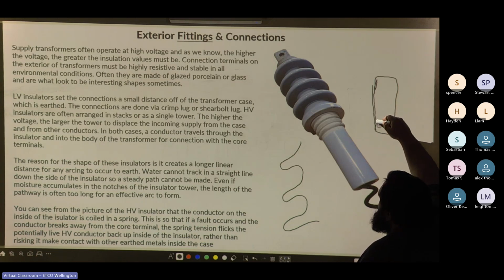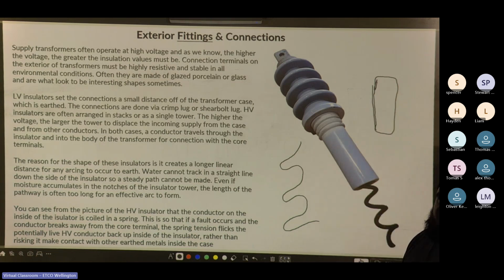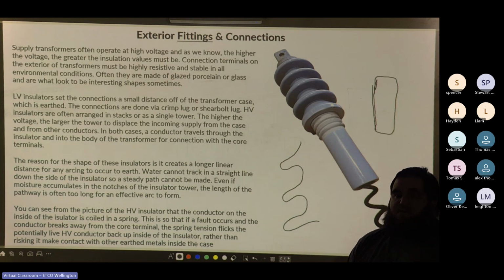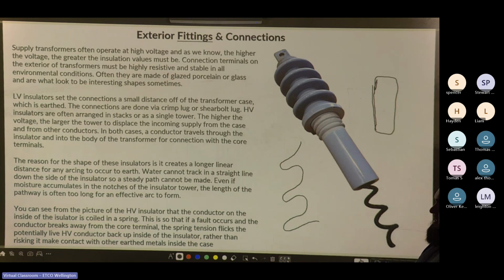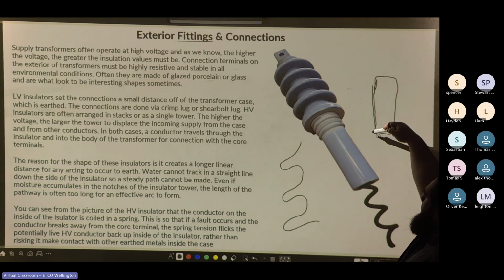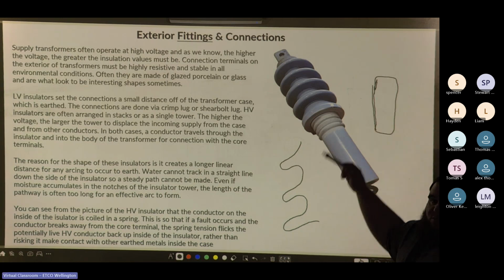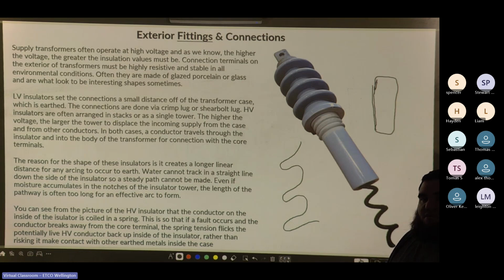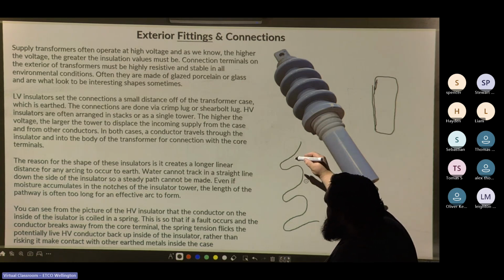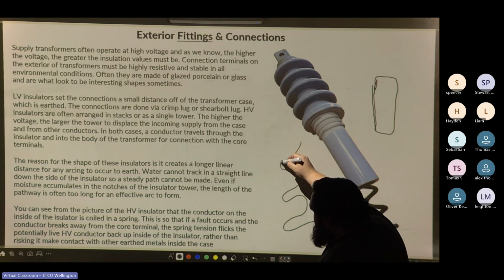Then if enough dust builds up, that slurry, depending on what it's made up of, could become conductive. Because it's high voltage and high voltage loves to jump, it could then jump up that trickle of water and into the frame of the pylon. So the reason for this shape is so that when the water hits here, it can't create a continuous path.